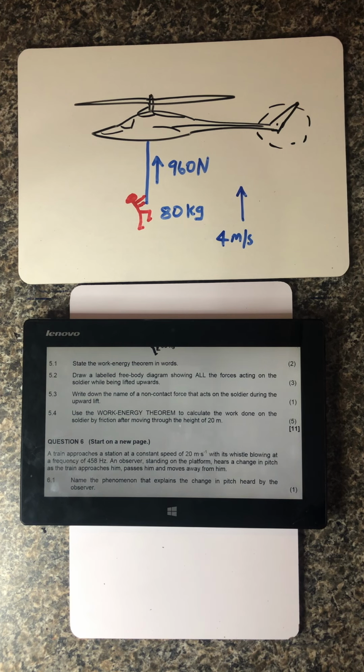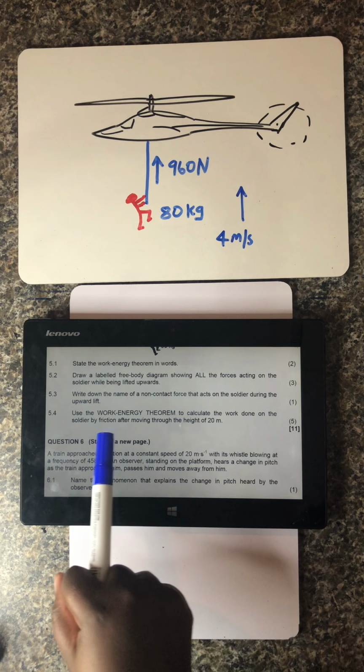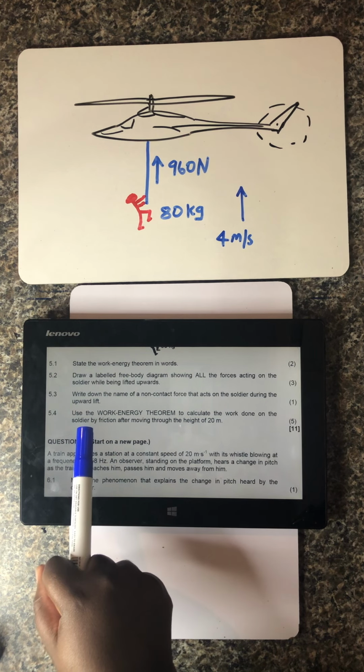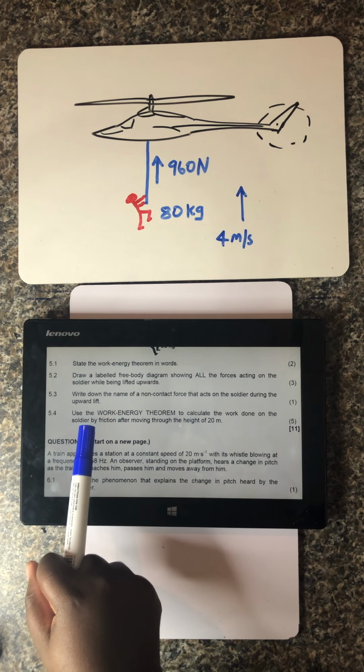Use this theorem to calculate the work done on the object or on the soldier by friction after moving through the height of 20 meters. So, ladies and gentlemen, they want you to use that theorem, okay, to calculate the work done on the soldier by friction. This is what the question wants you to calculate.